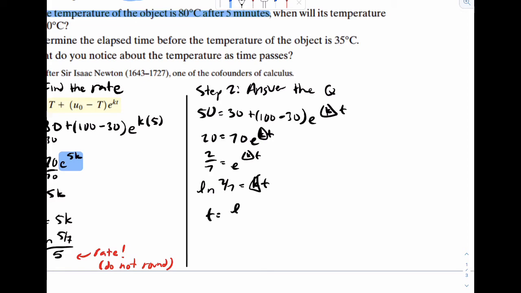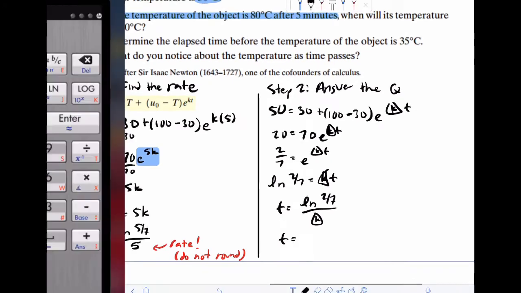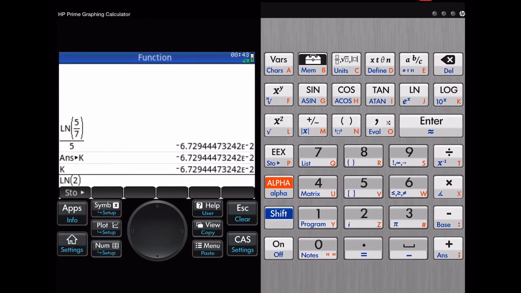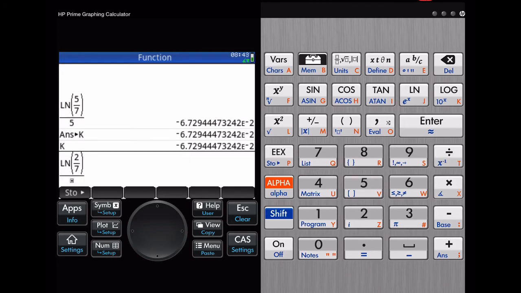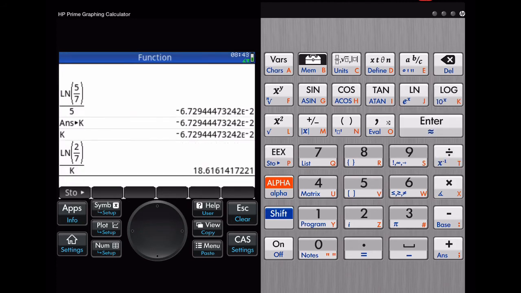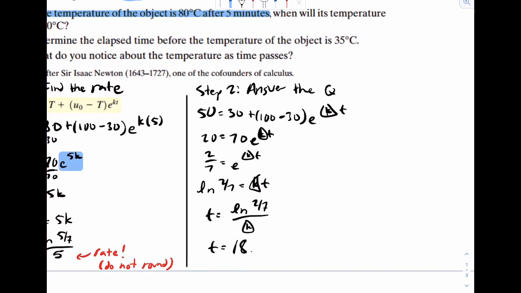So t should be natural log 2 over 7 divided by triangle k. So let's go back to our calculator. Natural log 2 over 7 divided by k. There it is, 18.62 minutes. And that's how long it'll take this object to cool to that temperature.